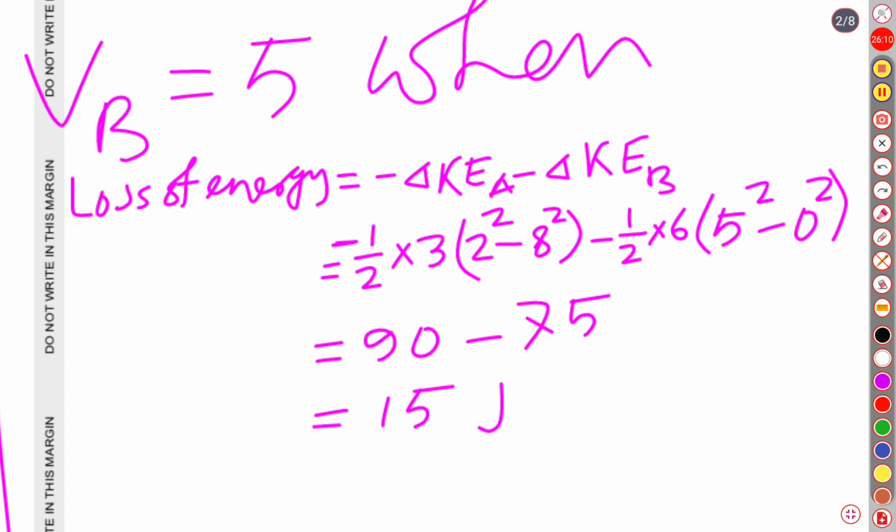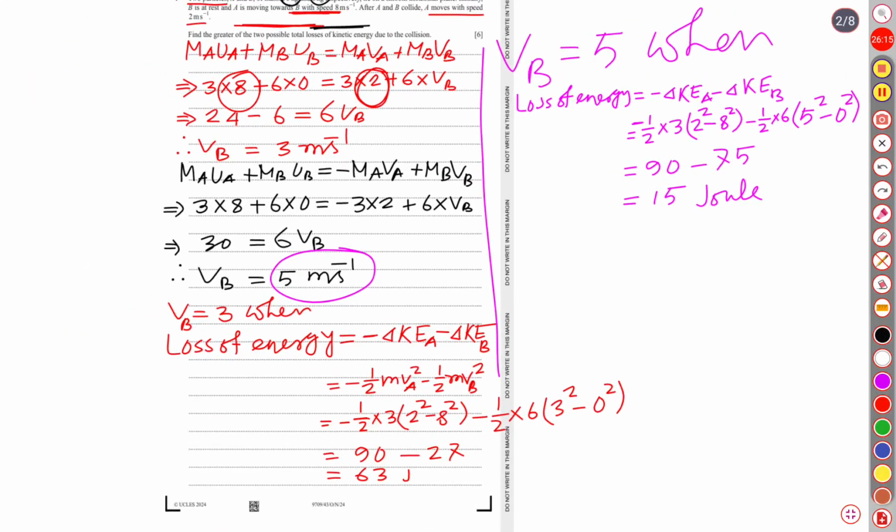Now the question has told us to write the greater loss. Let's see which one is greater. When the velocity of particle B was 3, the total loss was 63 joule. When the velocity of particle B was 5 meters per second, the loss of total energy was 15. So the greater possible value is 63.